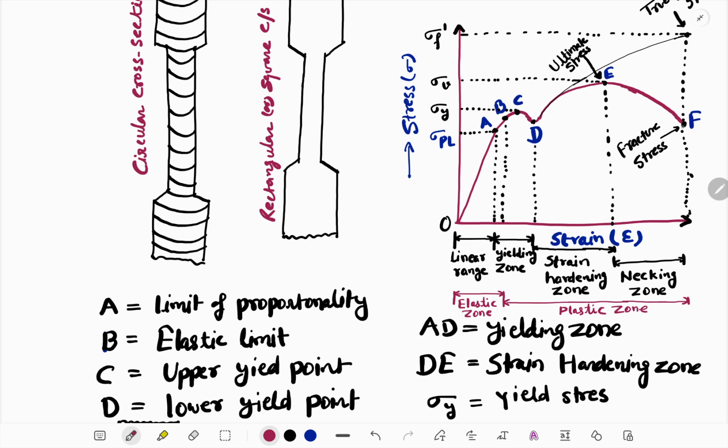Corresponding to point C we get the yield stress. Corresponding to point E we have the ultimate stress, the maximum stress, called sigma U. But this is not real.